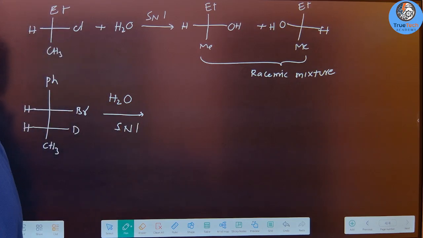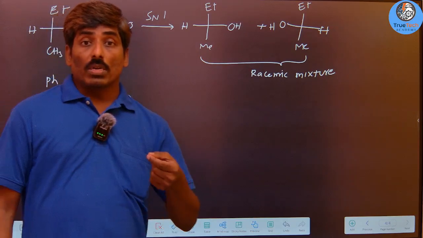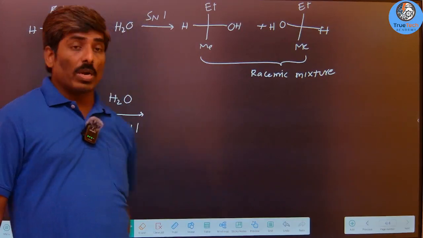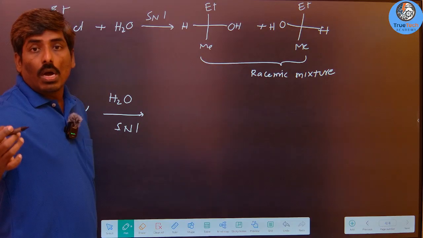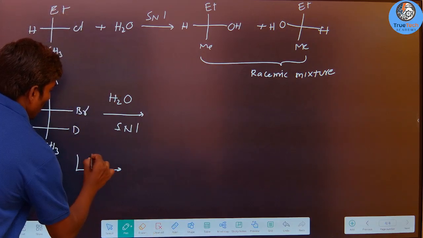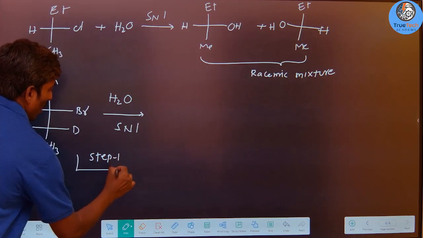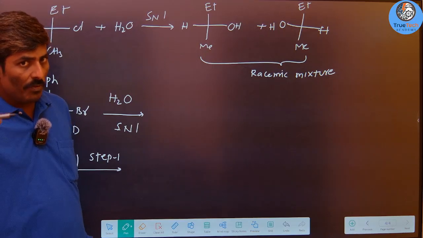If you take this example, here you are going to get the diastereomeric product. We'll see how it takes place. We know in step one, cleavage of the carbon halogen bond and then formation of carbocation.